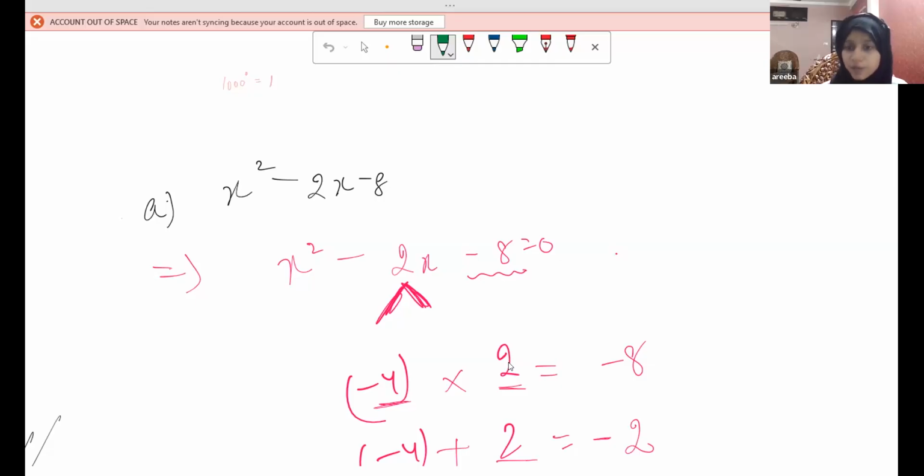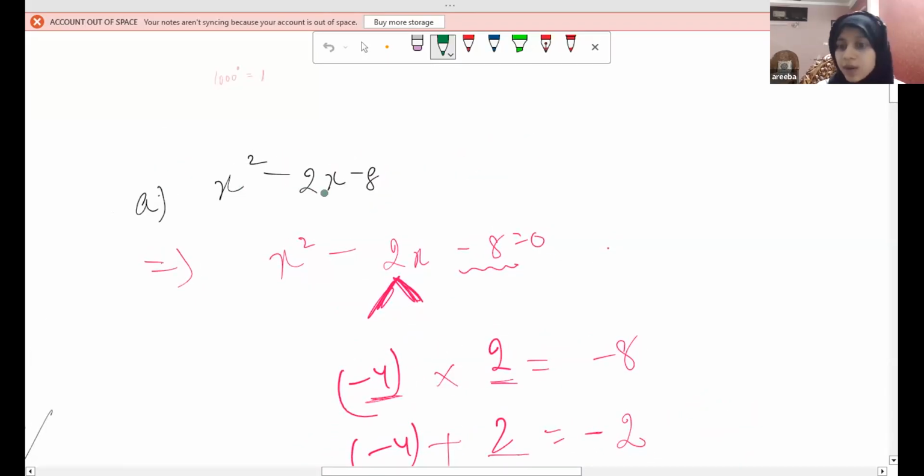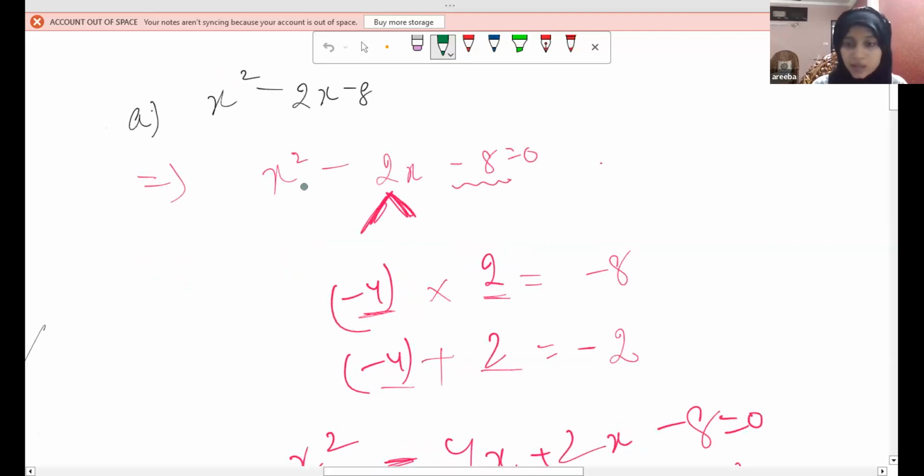Now this will be very helpful to us because now we are gonna factorize this polynomial first, and after that we are gonna be finding out the zeros. Okay. So let us talk about x square minus 2x minus 8 all equal to 0. Okay. So we are gonna be using the split the middle term method. What method is split the middle term?